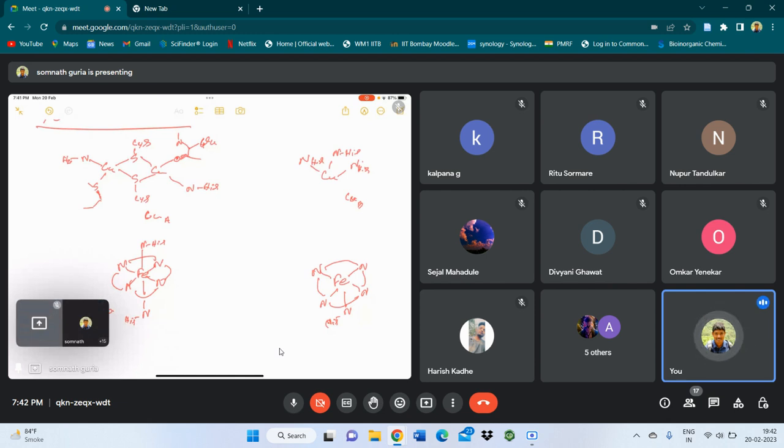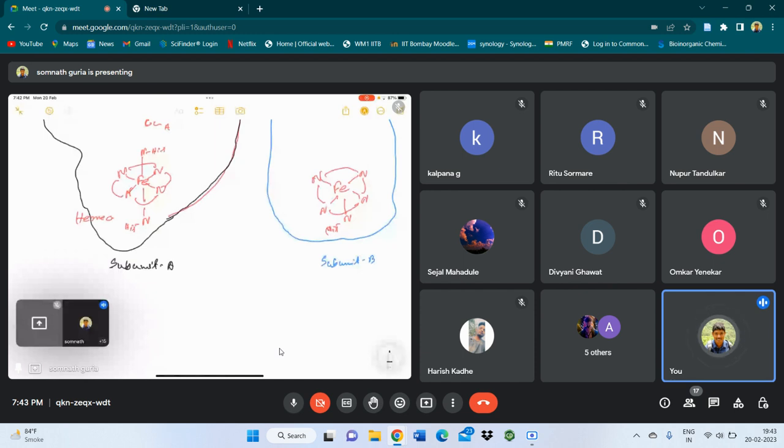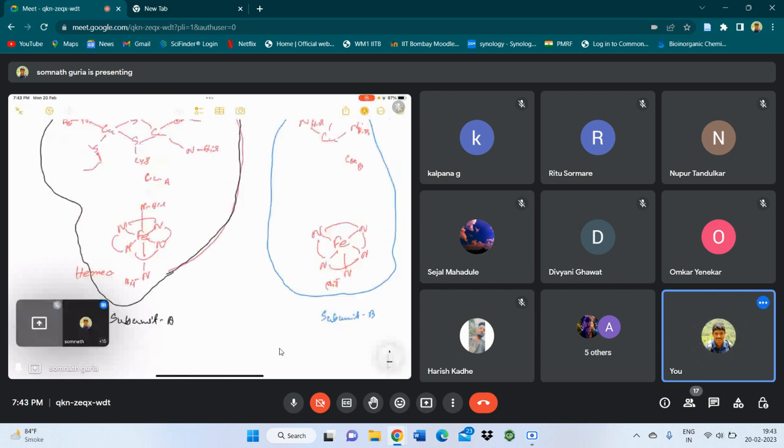This subunit A plays the role of electron carrying only, and as it is not vacated with any coordination site, it cannot bind with the oxygen. Whereas subunit B can bind with the oxygen. Here is one vacant site, and this is the vacant site.